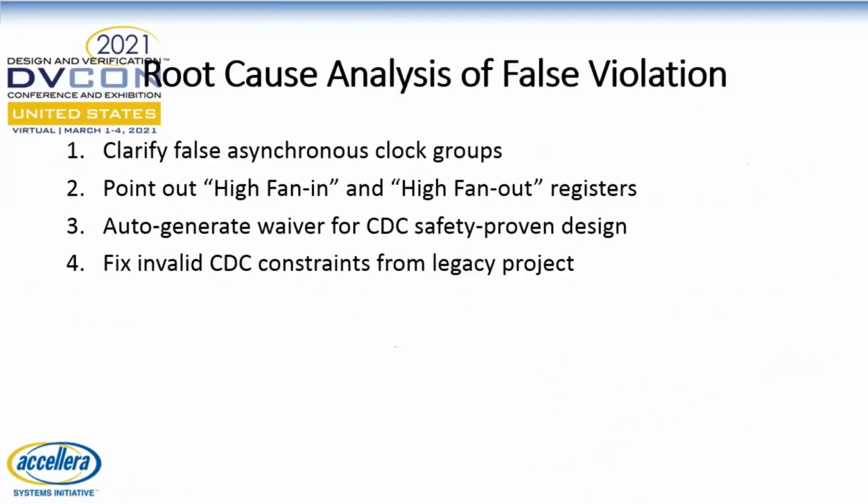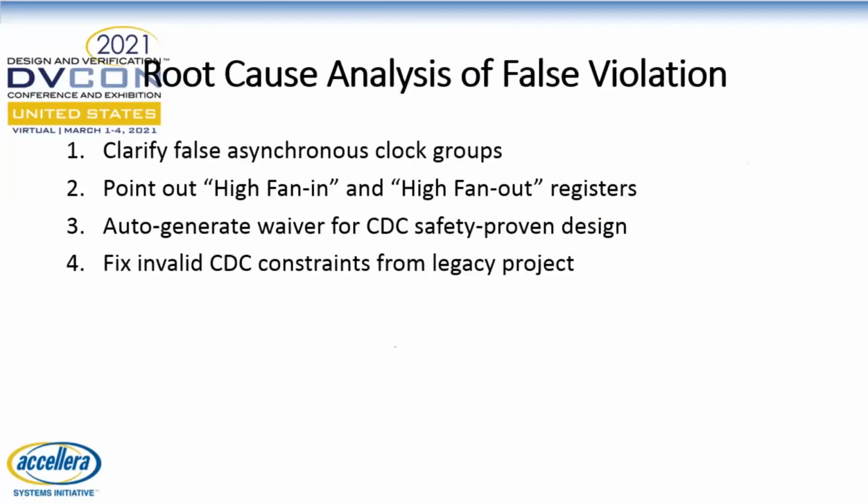During the implementation of CDC, we analyzed the initial violation reports of multiple projects. We find that about 80% of violations are false alarms. We can use the following four methods to quickly clear false alarms and get a more accurate CDC report.